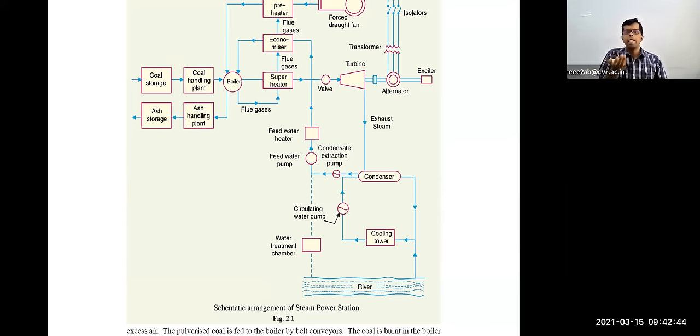They will filter all the impurities. I think you already studied in engineering chemistry how to treat the water. The water is treated, and again it is fed into the river. So cool water is fed into the river.